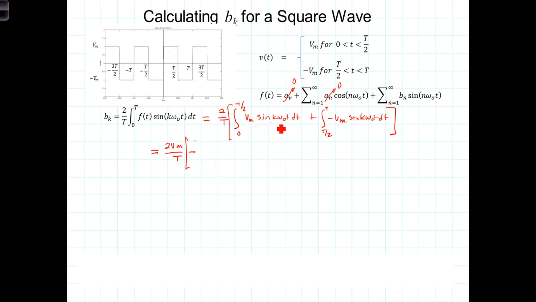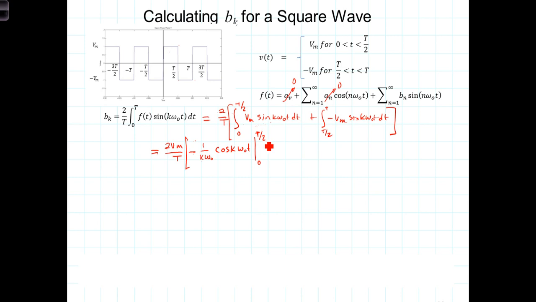Now this is the sine of k omega naught t, so we're going to kick out a 1 over k omega naught. And then we've got cosine of k omega naught t evaluated from 0 to T over 2, that's a capital T.